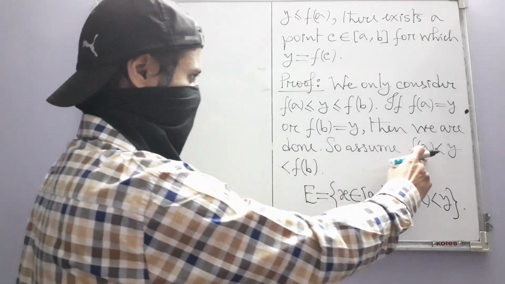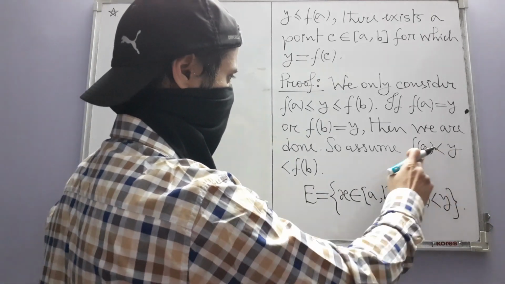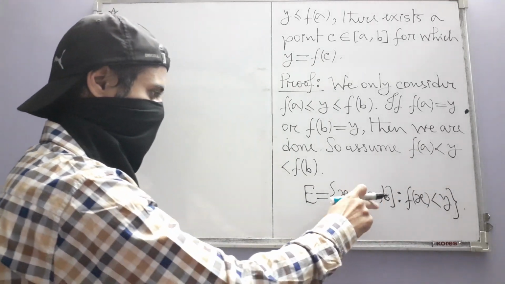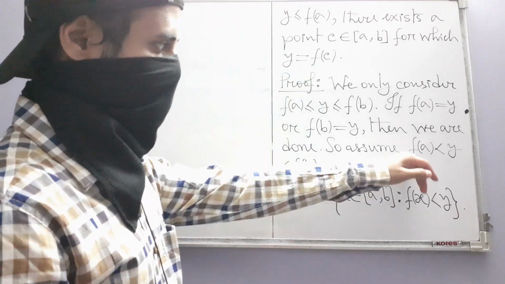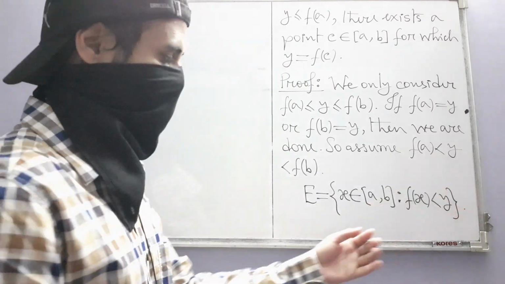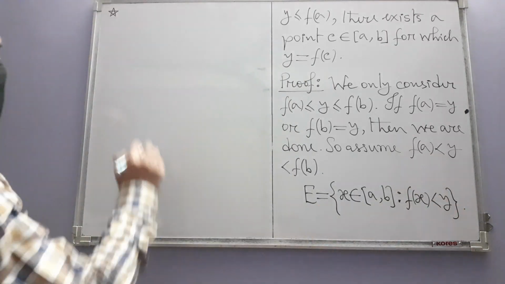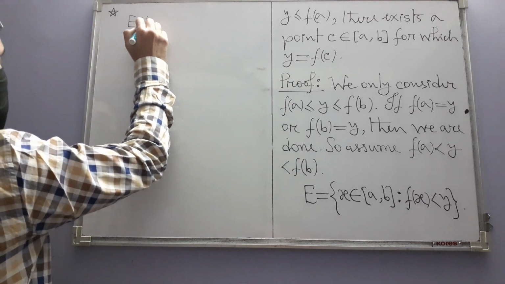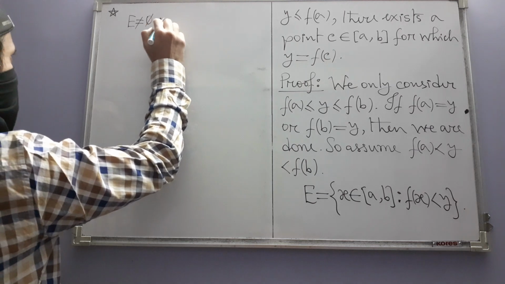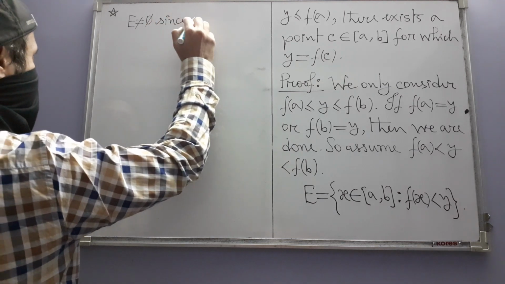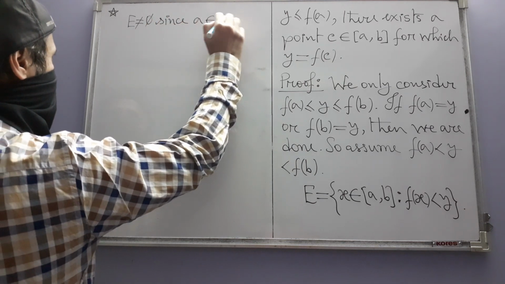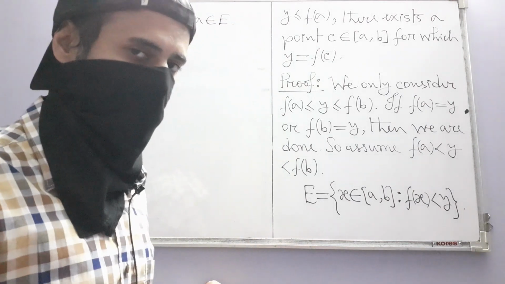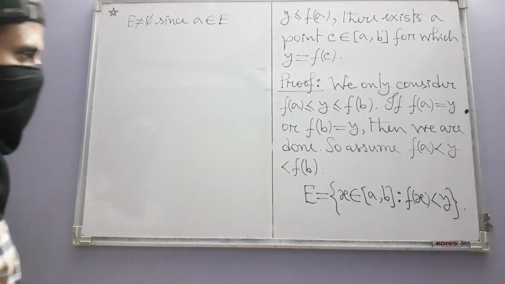You see, from this inequality, we see that a is an element in [a, b] whose f image is less than y. So that means a is in E. So E is non-empty since a is in E. There will be likely other elements also, but at least a is there.